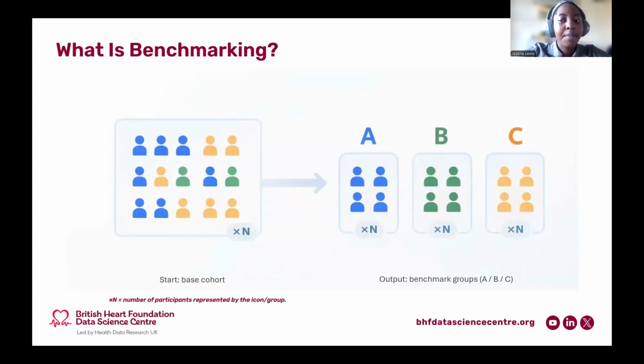Once we understand that different phenotype definitions will give us different answers, the next question is, what can we do about this? This is where the term benchmarking comes in. Benchmarking simply means comparing different definitions side by side to see how well they perform. In benchmarking, we look at things like how many people each phenotype definition identifies, whether these patients look similar in a medical setting, and whether the definition matches what clinicians might expect from such patients.